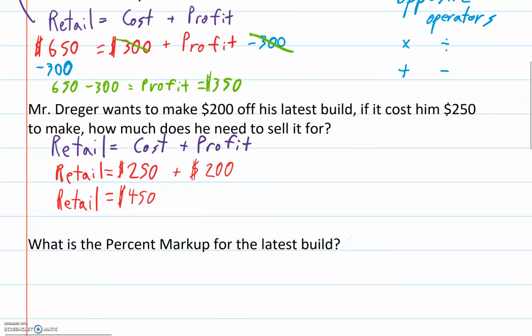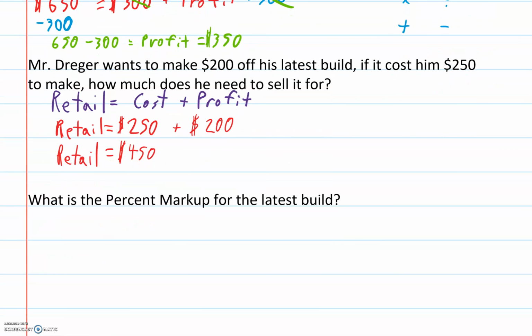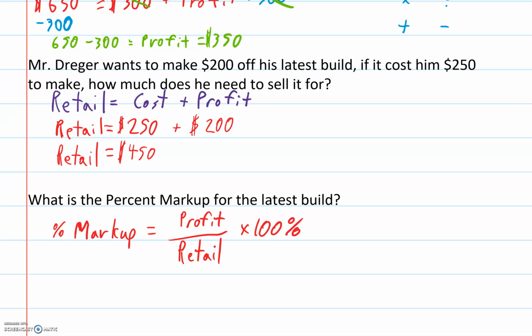Let's look at part B of this question. Let's say, what is the percent markup for the latest build? Well, how much is profit compared to the retail price? So let's say percent markup equals the profit divided by retail times by 100%, like we said at the beginning.